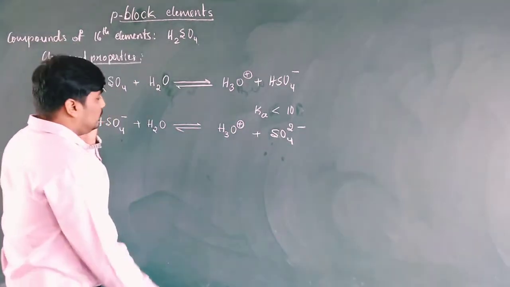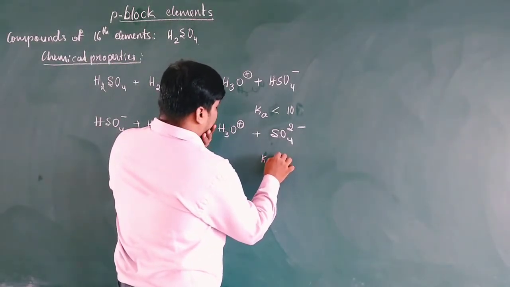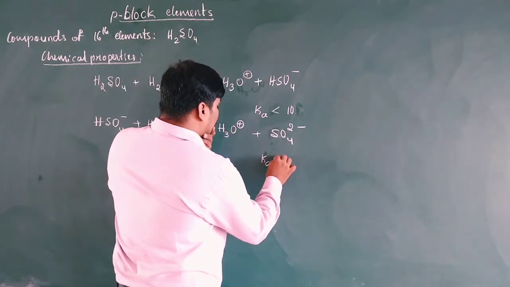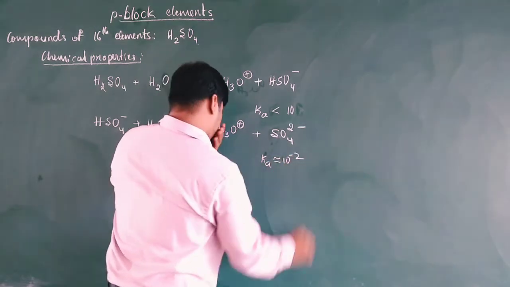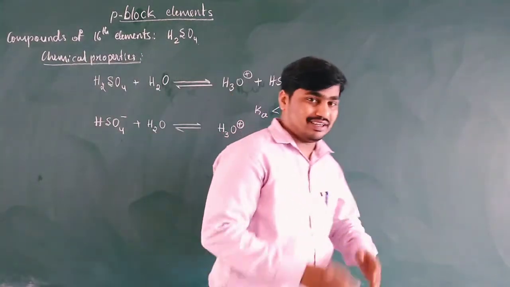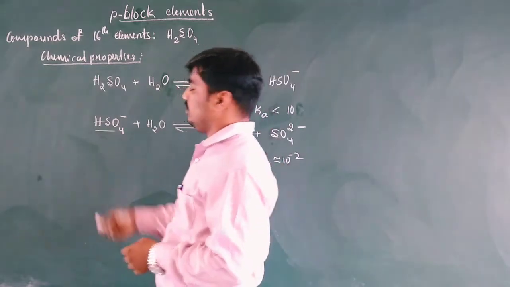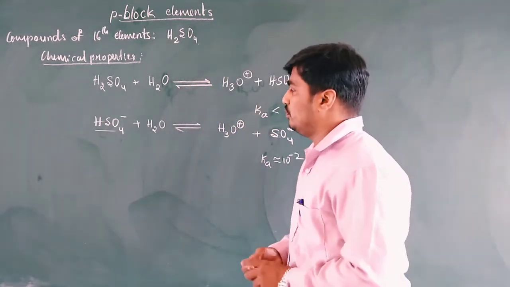Here the Ka value is nearly equal to 10 raised to minus 2. Because of that, it is clear that the acidic nature of HSO4 minus is very low compared to H2SO4.